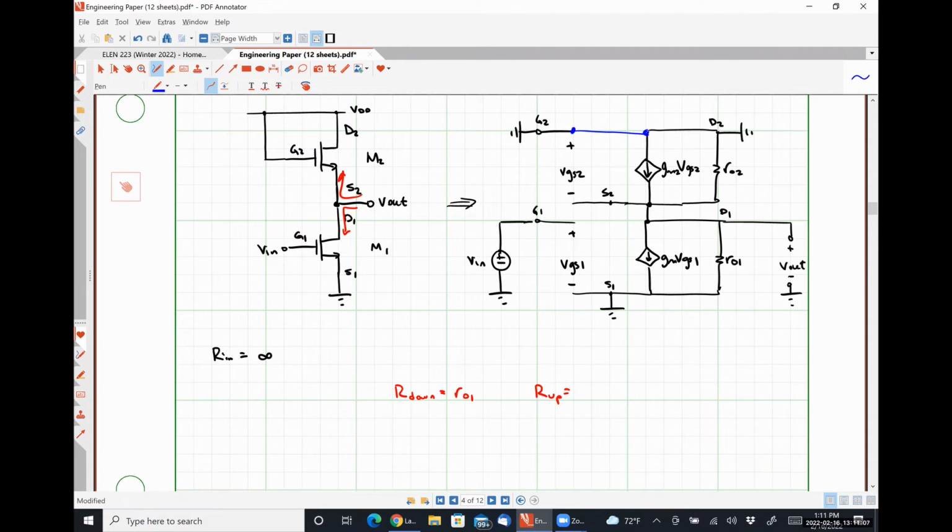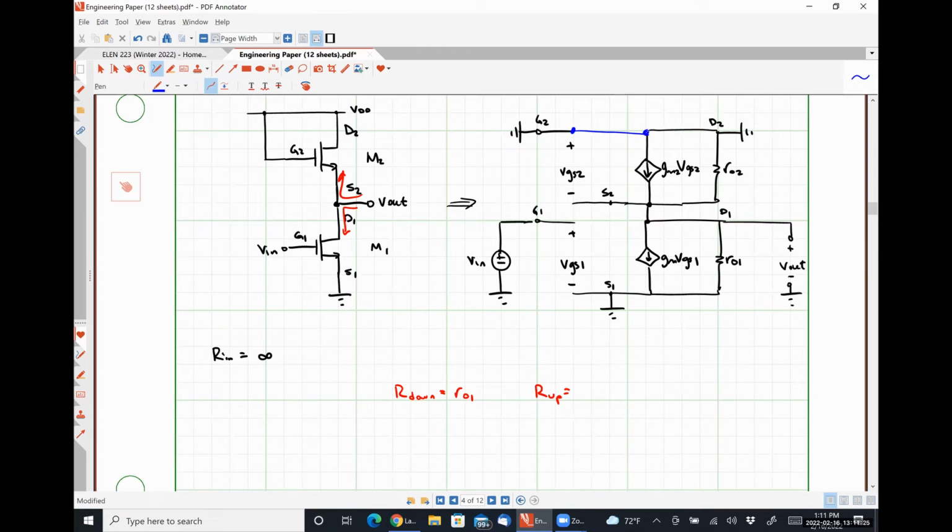If the voltage drop is VGS2 and the current is some constant of proportionality times VGS2, this guy is behaving like a resistor because there is a linear relationship between the voltage and current through the element.